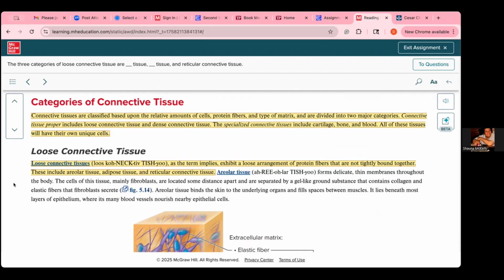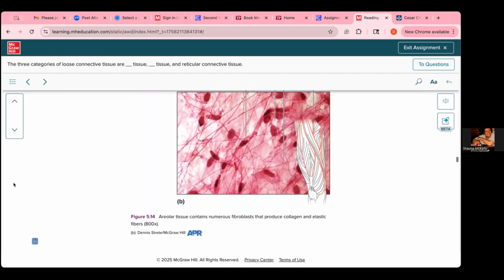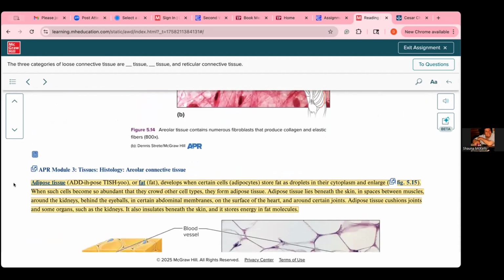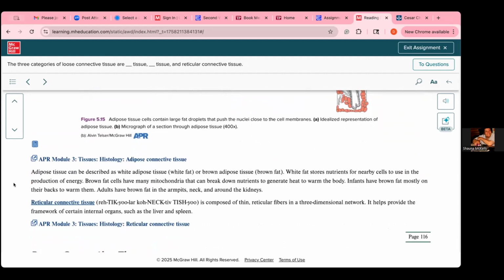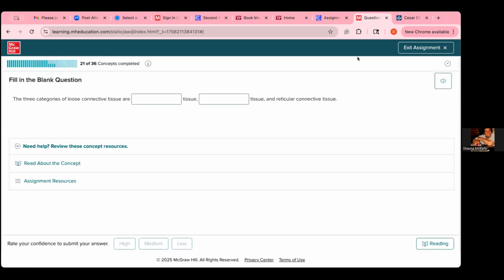That's the ones that we needed, because it's just asking us about the loose connective tissue right now. So go back to the question and I'll show you. Here it's just asking you about the three types of loose connective tissue.